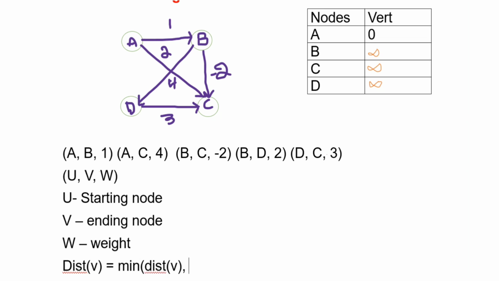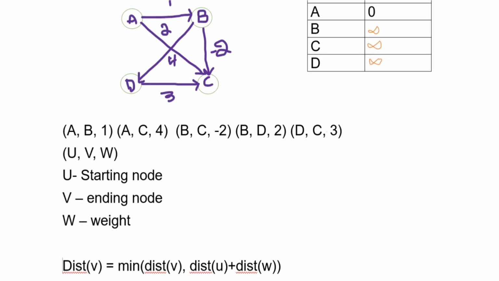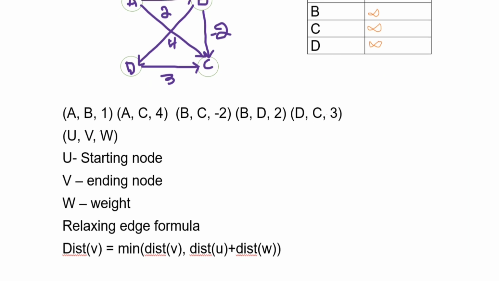Next B to C. Next B to D: B comma D comma 2, B to D weight is 2. Next D to C: D comma C is 3, D to C weight is 3. This is the weights of the edge list.